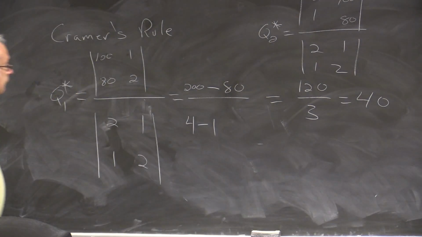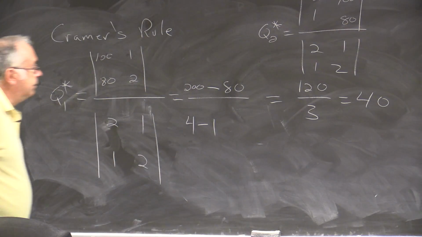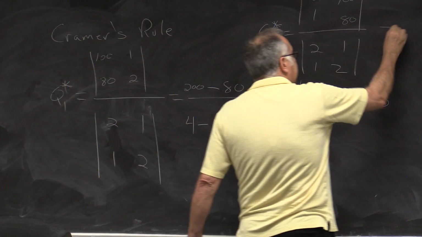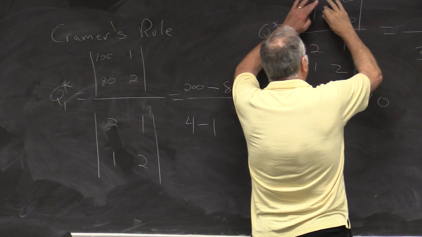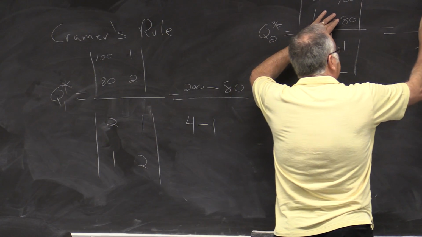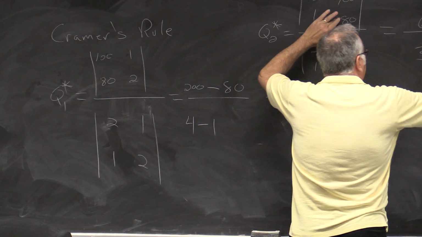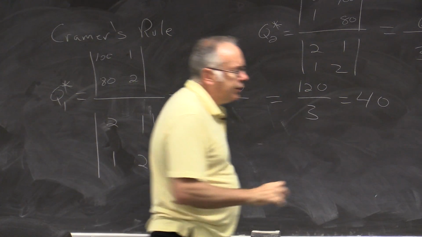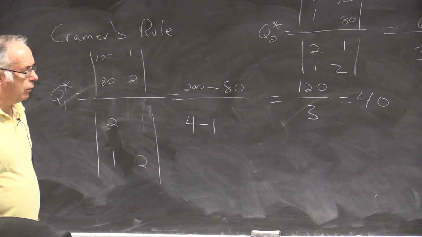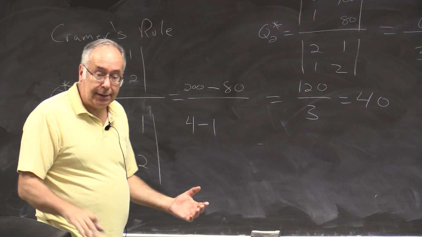Okay. So what will this be? This is the same as before, 2 minus 1 is 3. This is 160 minus 100 is 60. So this is 20.